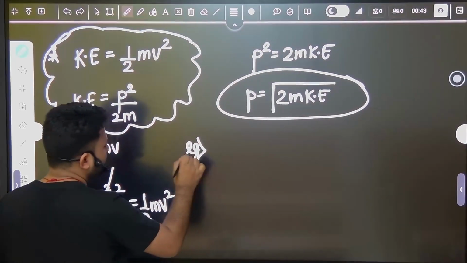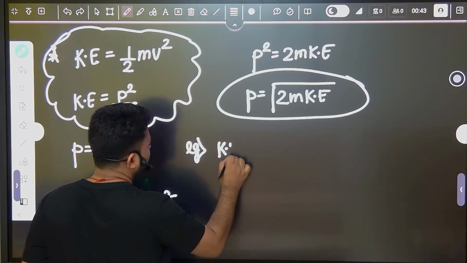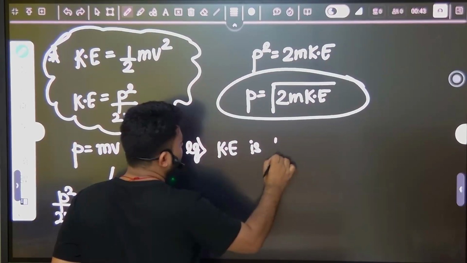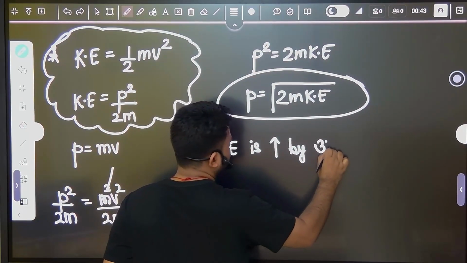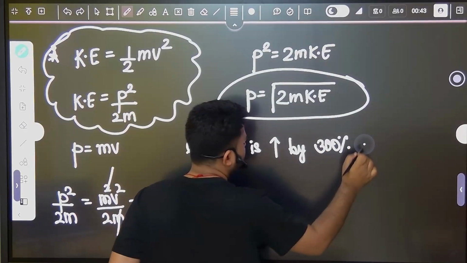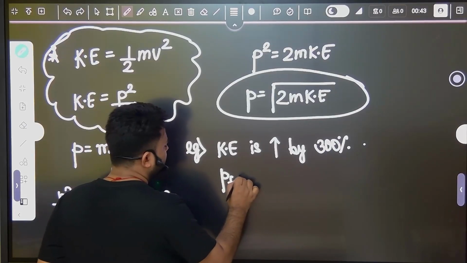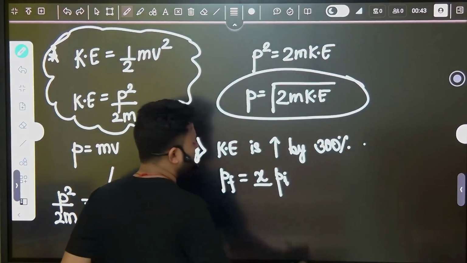For example, kinetic energy is increased by 300%. So final momentum will become x times initial momentum.